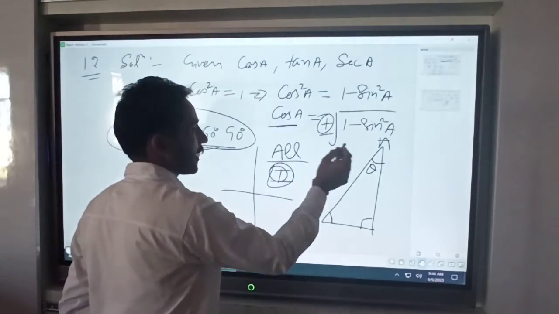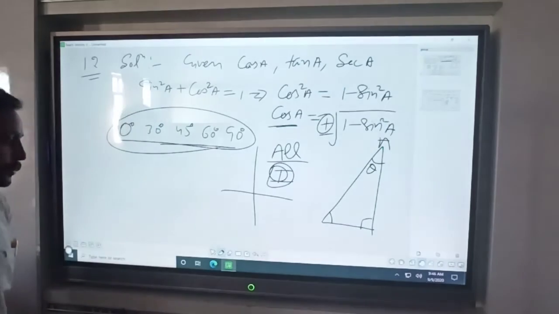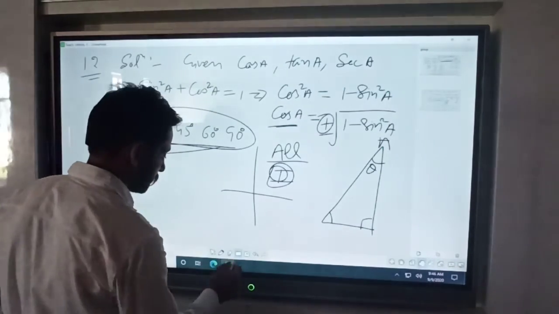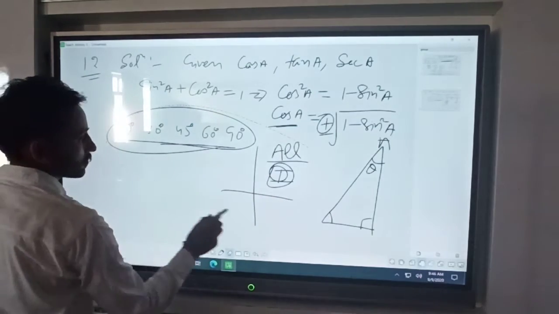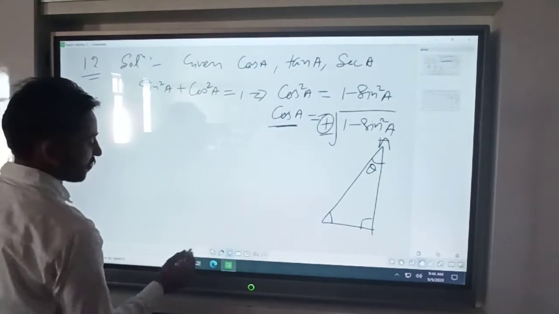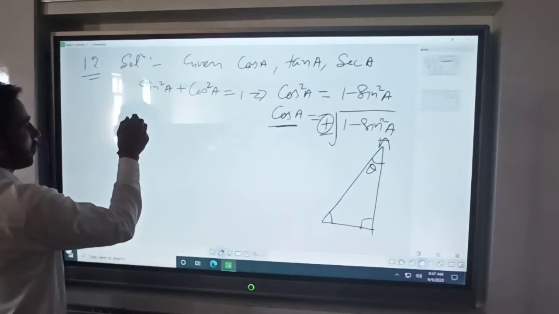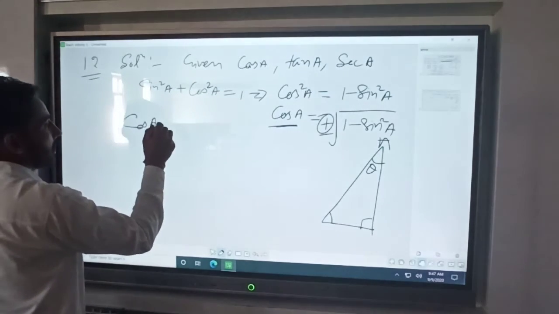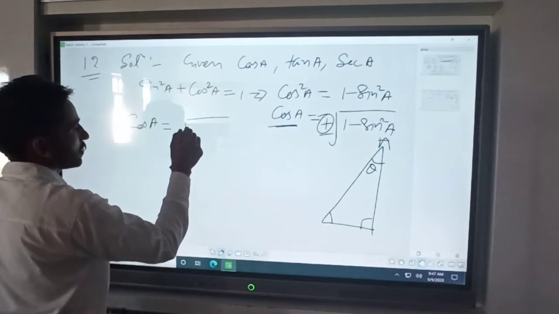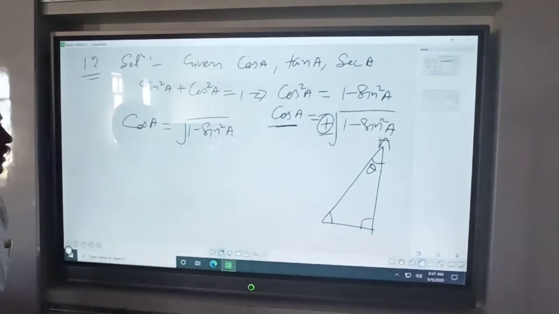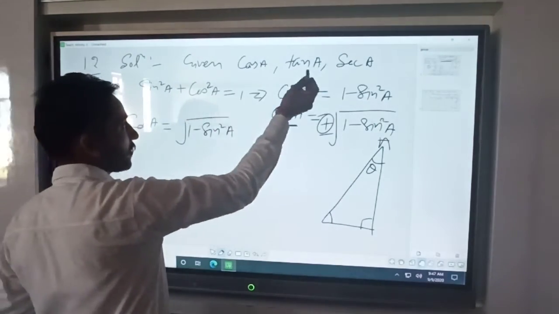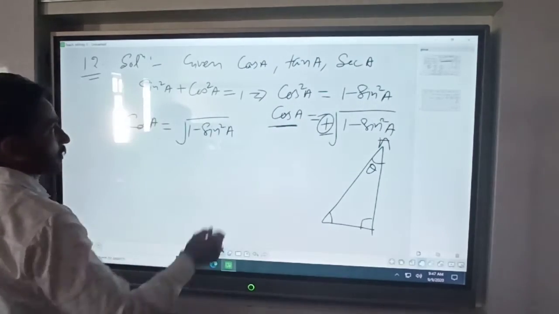Therefore, cos A is also positive. We have to take only the positive value of cos. Therefore, from here, cos A becomes under root 1 minus sin square. Okay? किसको लिखना था? cos को sin की फॉर्म में.